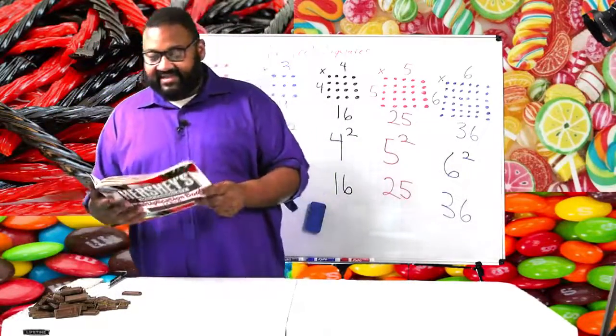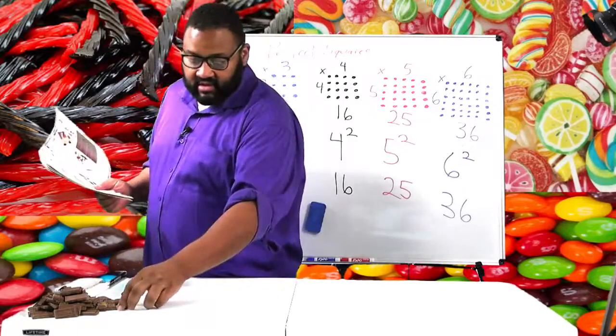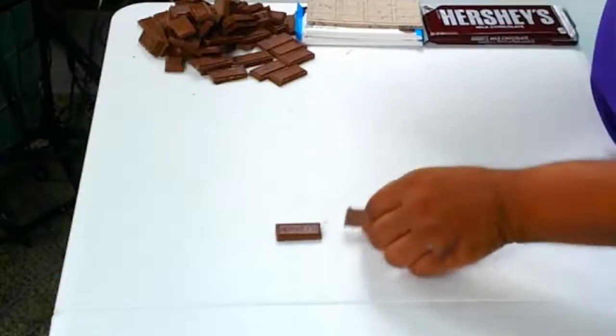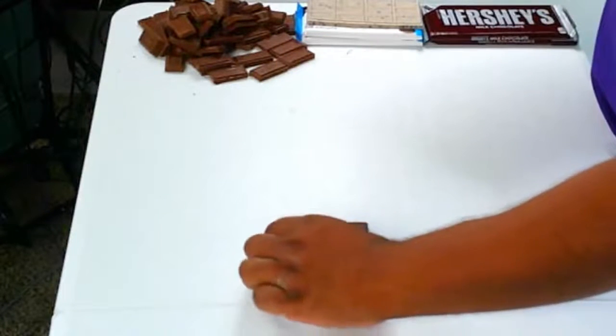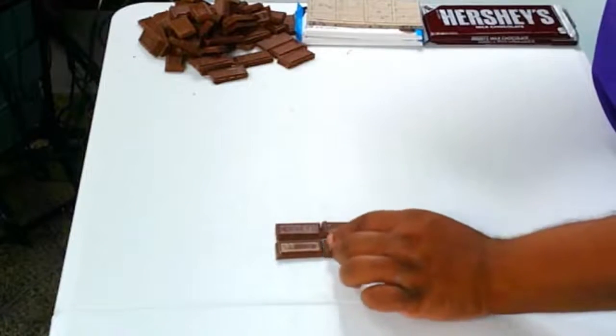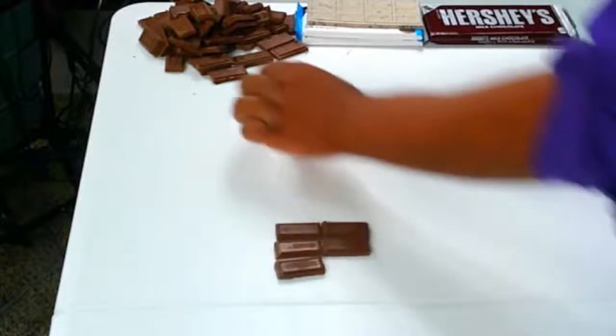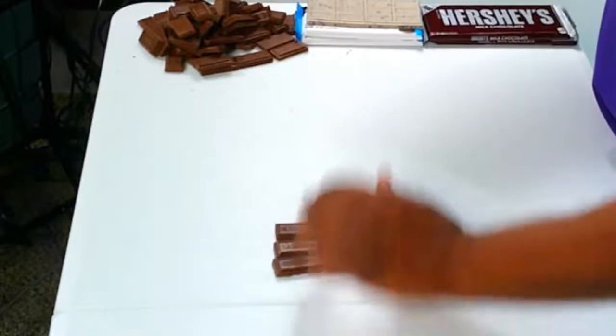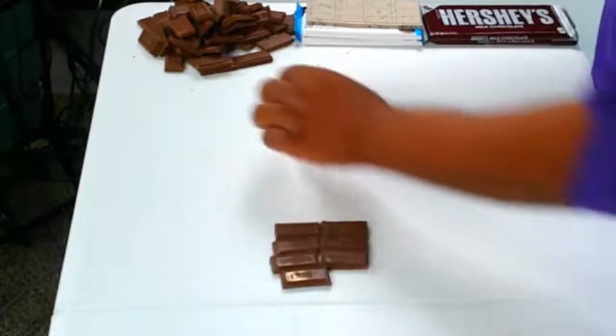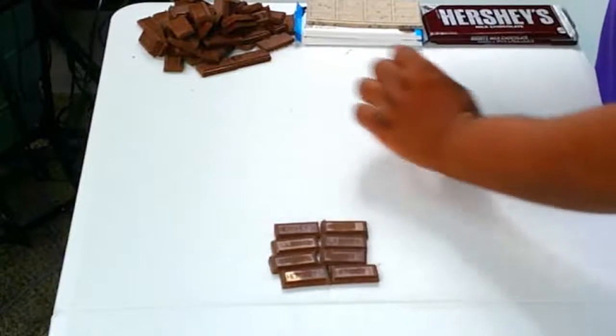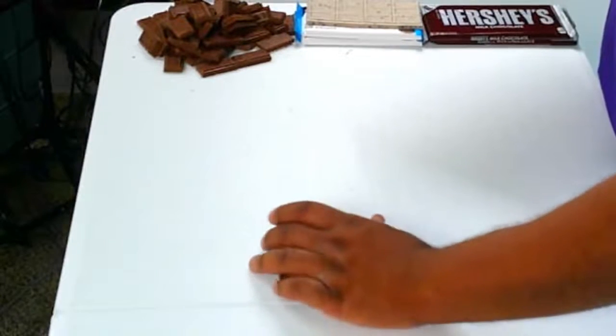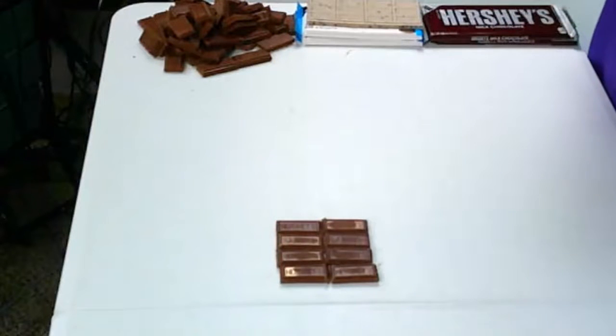Now, let's get back to the chocolate making. Let's go here. 1, 2, 3, 4, 5, 6, 7, 8. This is 4 times 2, which gives us 8.